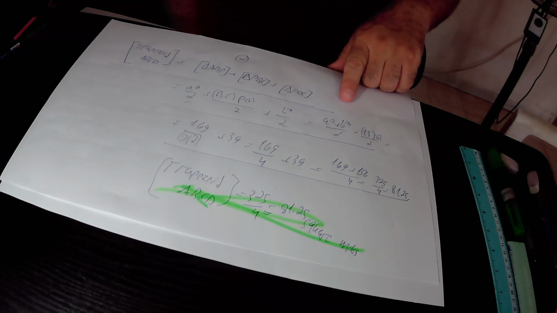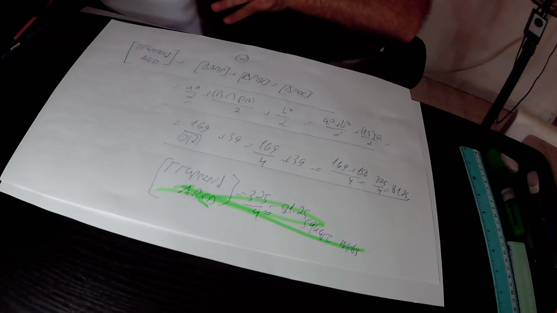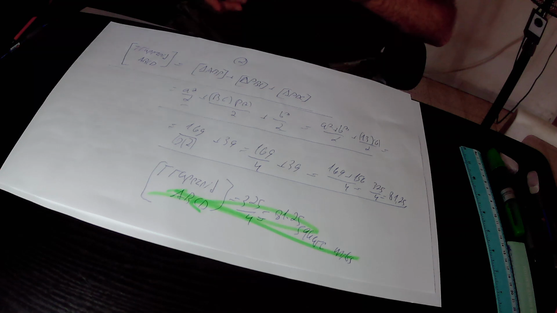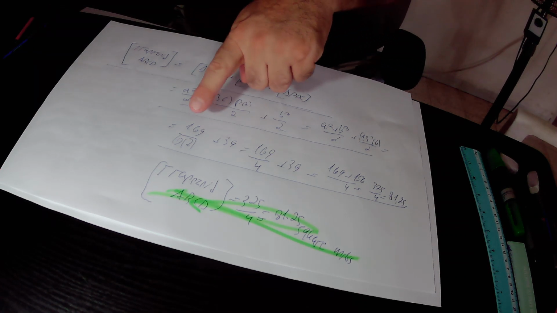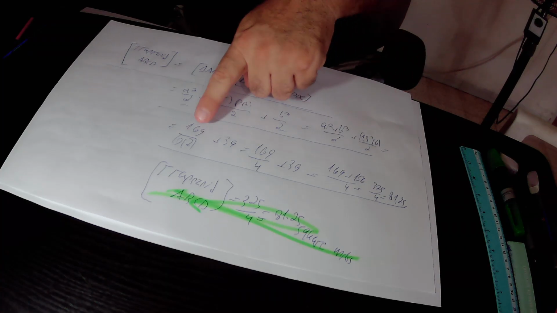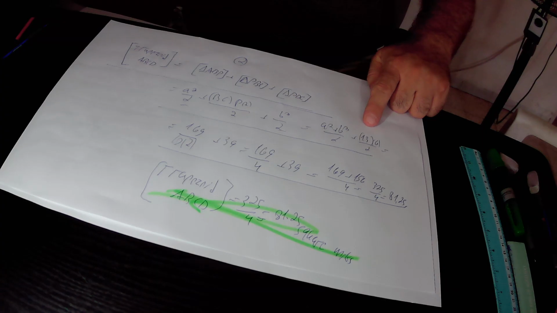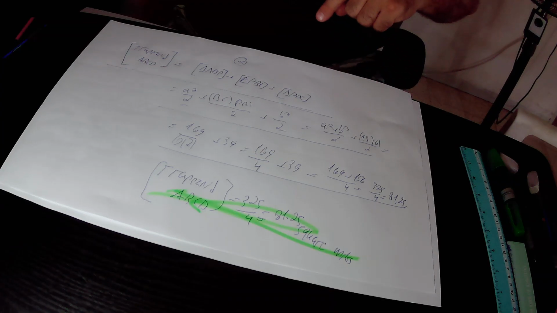We know a square plus b square is 169 over 2, so we substitute it in this expression and divide it by 2. Plus 13 times 6 over 2: 6 over 2 is 3, and 3 times 13 is 39. So in total, this expression equals 39.